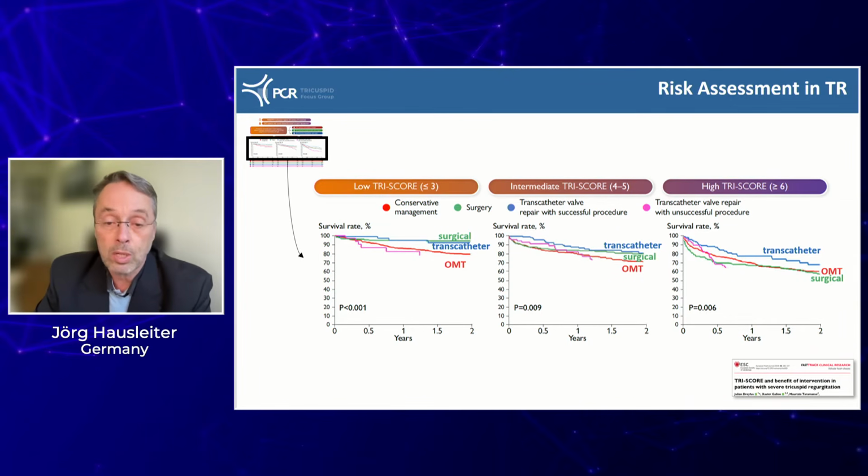With lower TRI score levels, a surgical and transcatheter therapy seems to be associated with a better survival, while in those patients with high TRI scores, perhaps a transcatheter therapy might be better than a medical therapy alone or a tricuspid valve surgery.